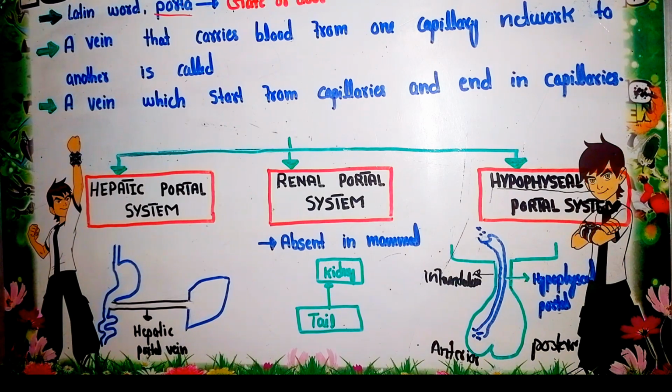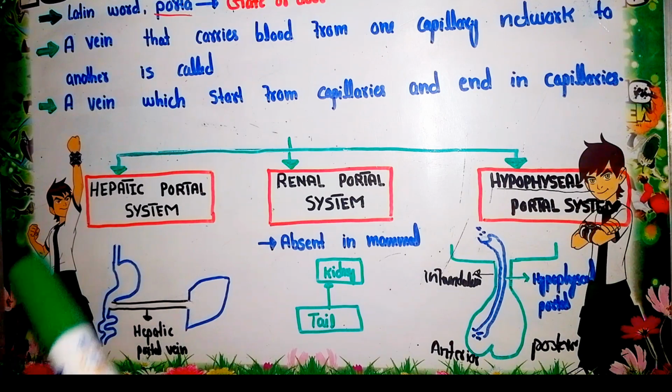Now this pituitary gland basically contains two lobes. One is called the anterior lobe, which is also known as adenohypophysis, while the posterior lobe is called neurohypophysis.